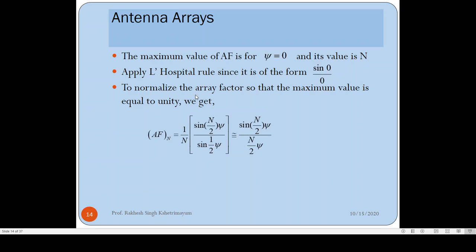The maximum value turns out to be N. So the normalized array factor will be 1 by N times sine of N by 2 psi divided by sine of half psi. For small argument psi, this will become N by 2 psi. So this is the array factor.